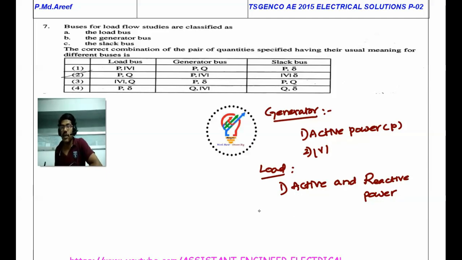And the slack bus is specified with its voltage and load angle delta.